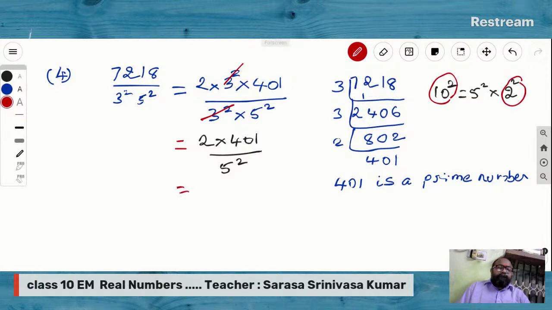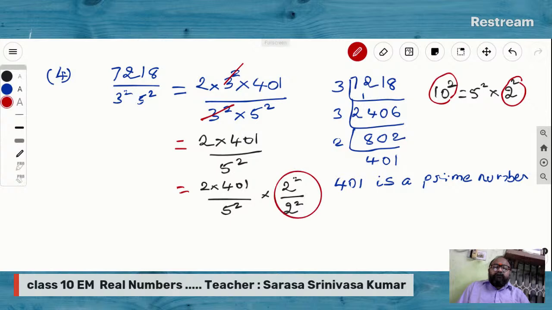Therefore, 2 multiplied by 401 by 5 square multiplied by 2 square and divided by 2 square. So here we multiplied and divided by 2 square. Why? Because we want to get 10 square in the denominator.